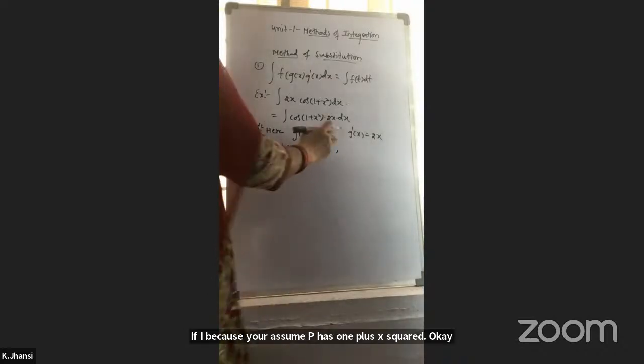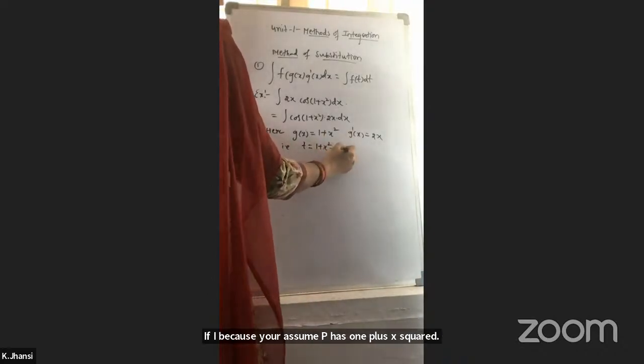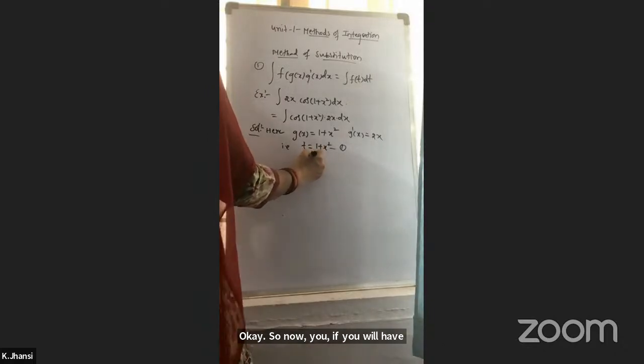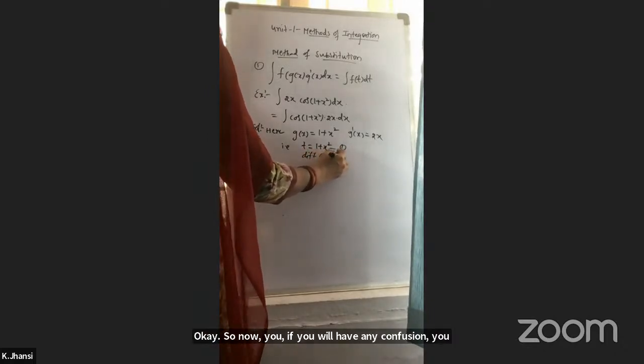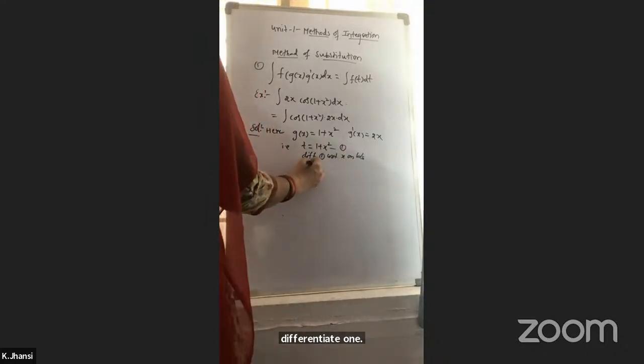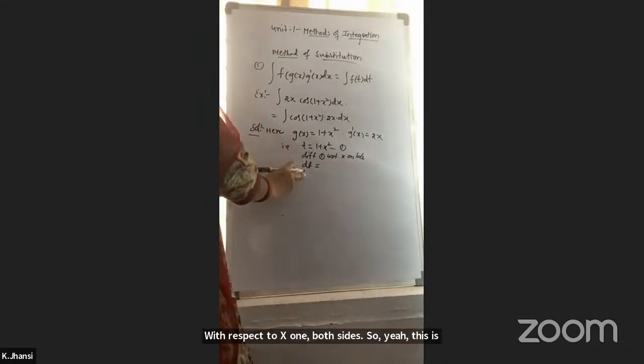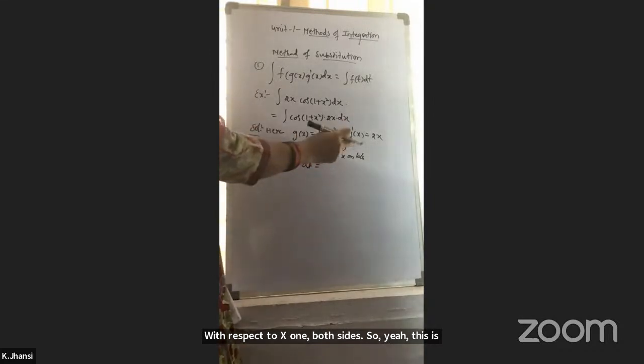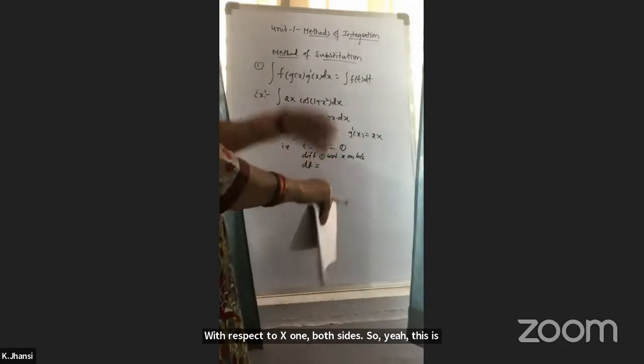If you have any confusion, take it as equation 1 and differentiate 1 with respect to x on both sides. Here this is actually dt by dx. When you do the cross multiplication, dx and dx get cancelled.